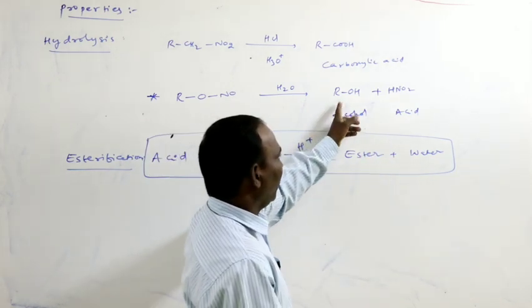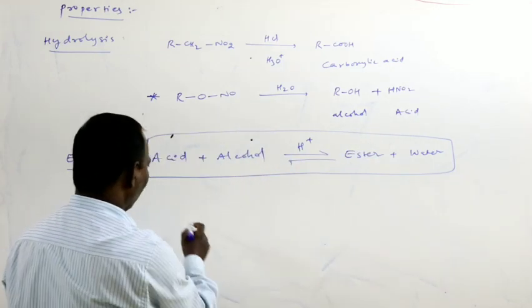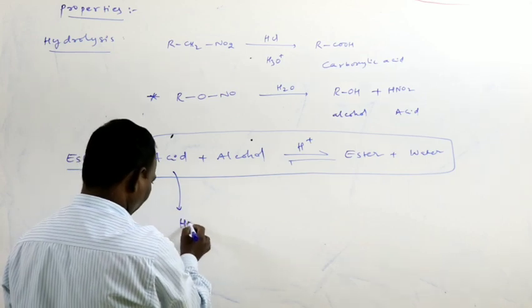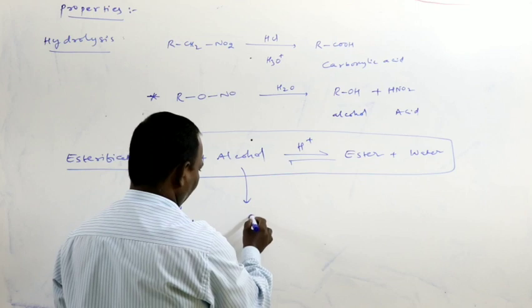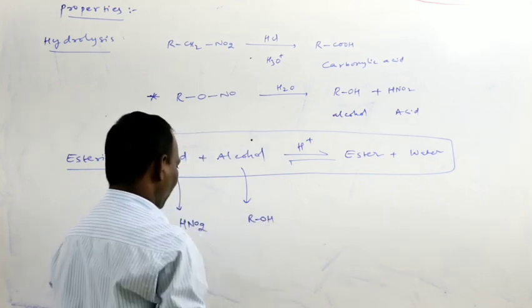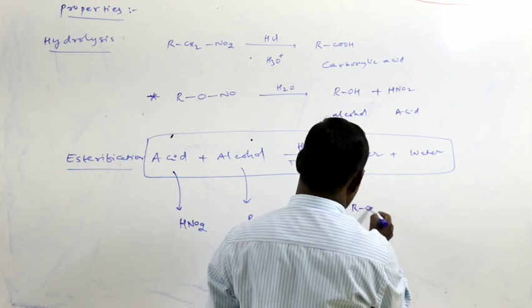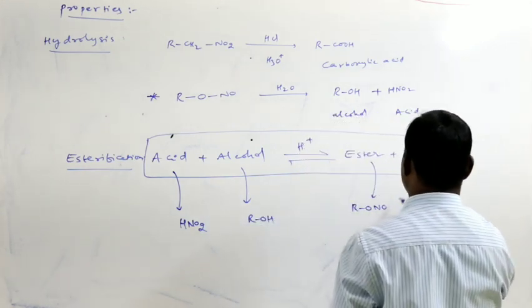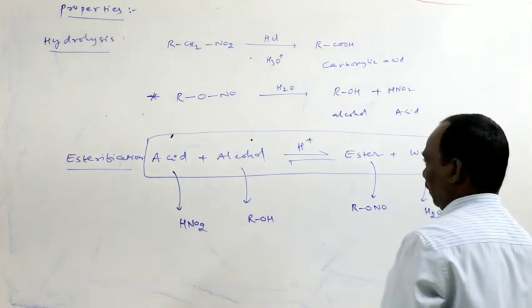Similarly, here alcohol plus nitrous acid. The acid is HNO2, nitrous acid. The alcohol is ROH. Here the ester is alkyl nitrite, RONO, which is considered an ester, and water, H2O.